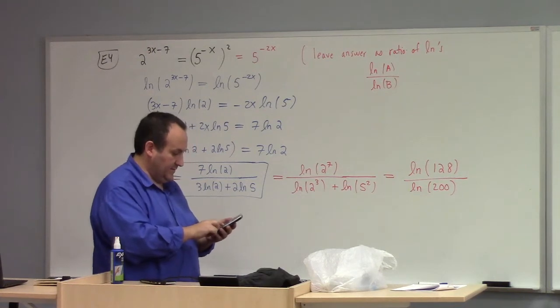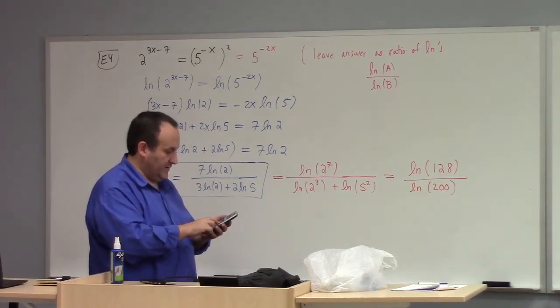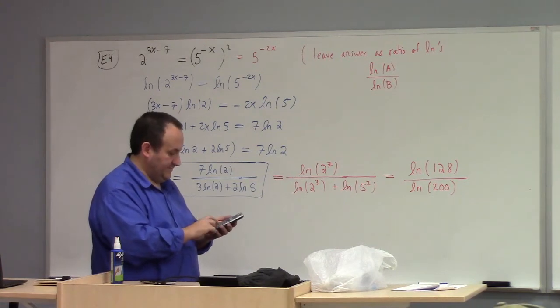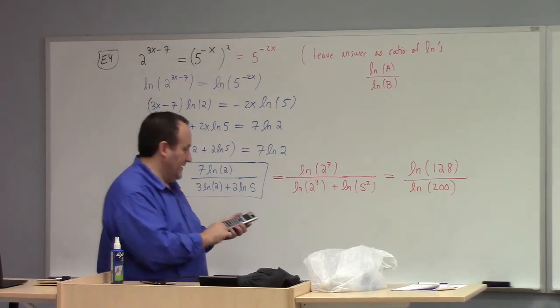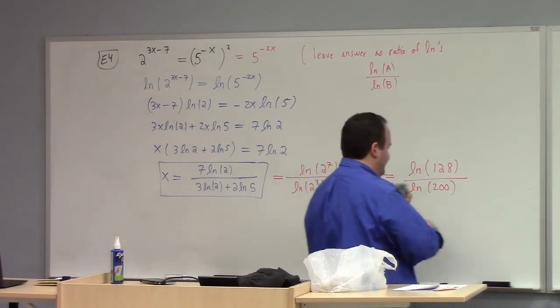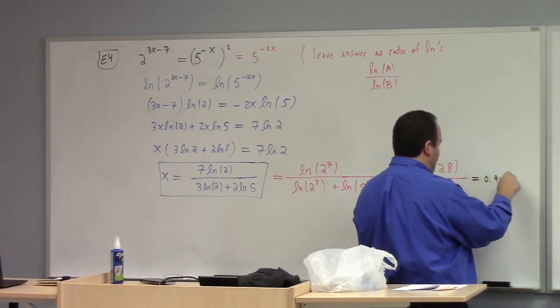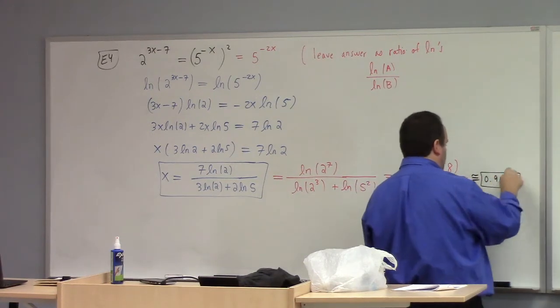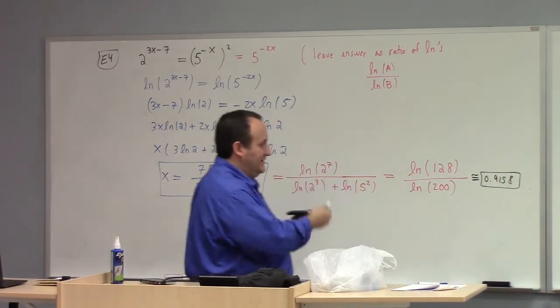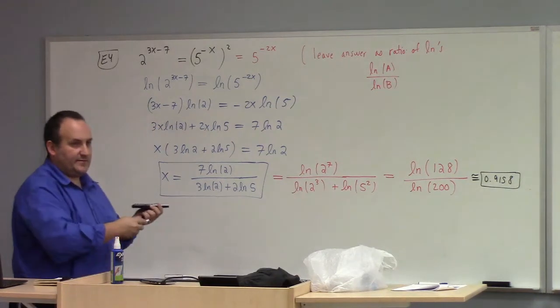Natural log of 128 divided by natural log of 200. I got 0.9158 approximately. So there you go. But if I want an exact answer, then what I wrote in red is better, yeah?